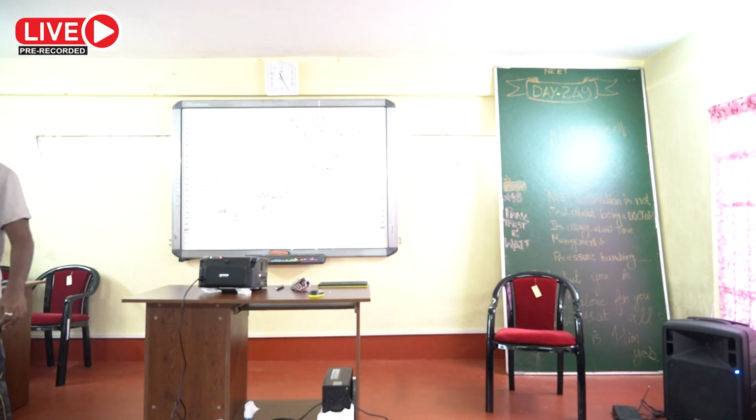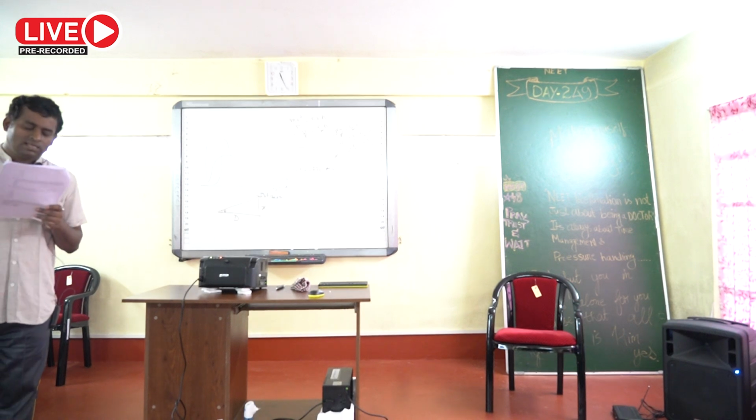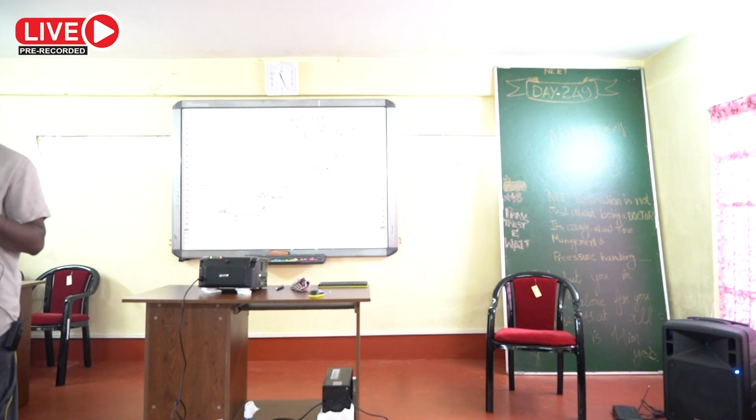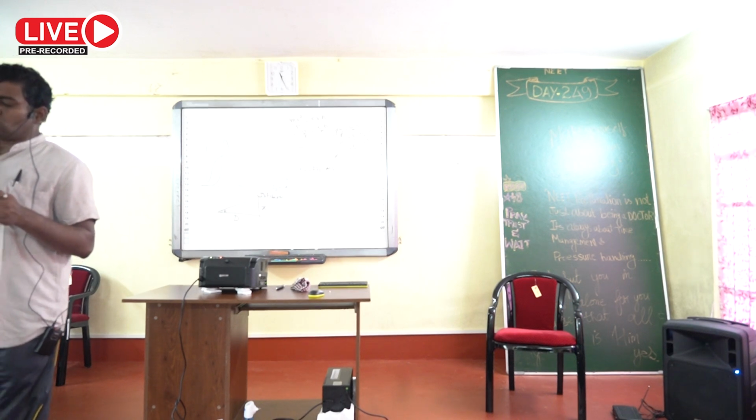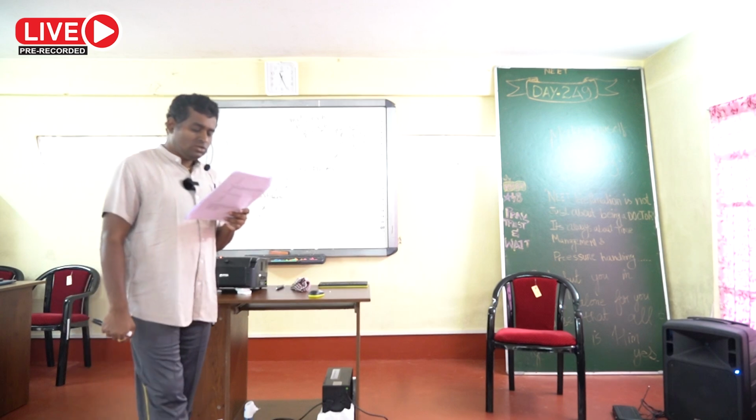Now, question number 40. Photons with energy 5 electron volt are incident on a cathode C in a photoelectric cell. The maximum energy of emitted photoelectron is 2 electron volt.